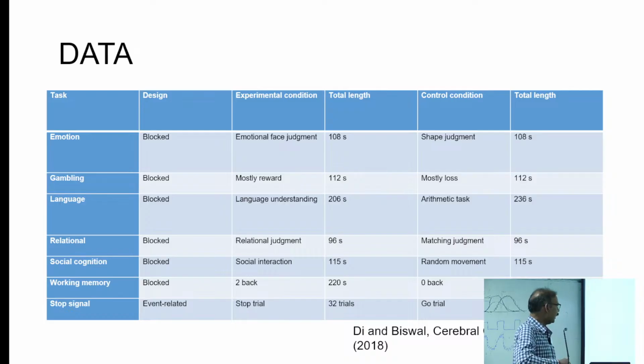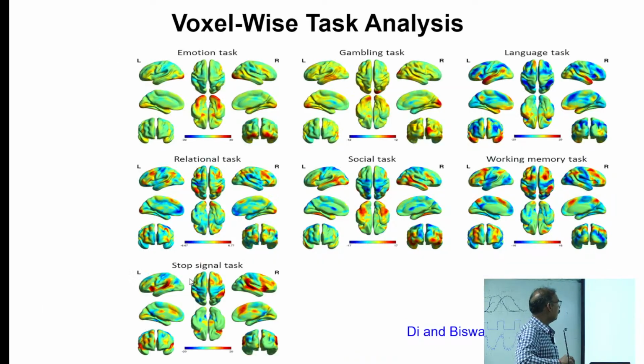And so what we get is the responses for different tasks using GLM, right? Just to see how they look.